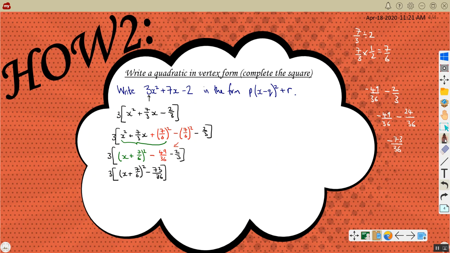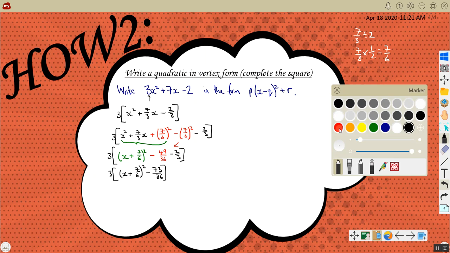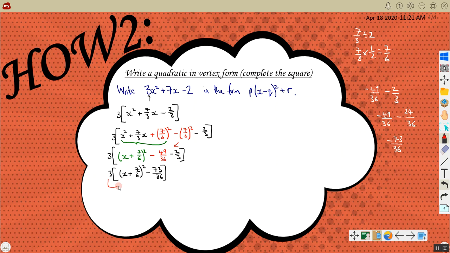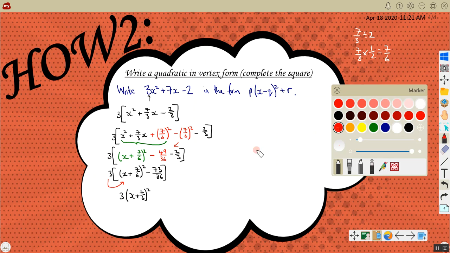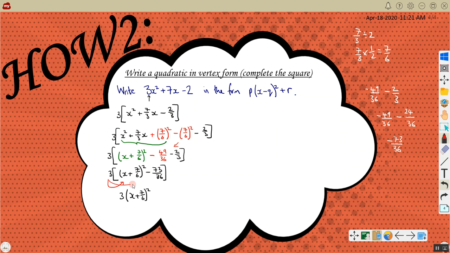We're almost done. Last step is I need to just expand this out. I'm going to do this multiplied by all of this bracket. And that gives me just 3 times x plus 7 over 6 all squared. I then take the 3 and multiply it by all of this.